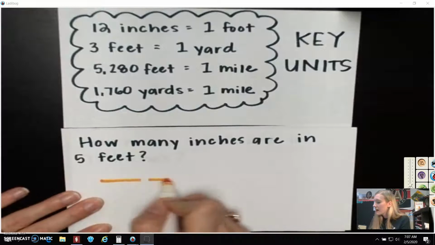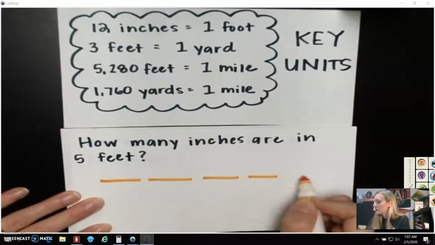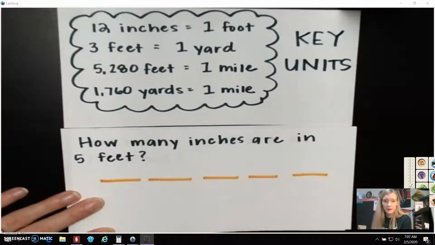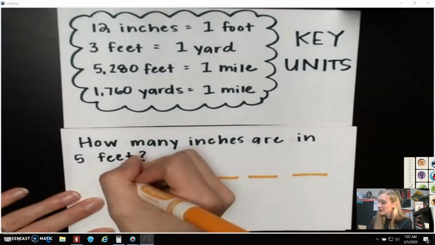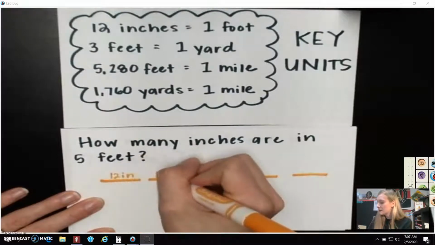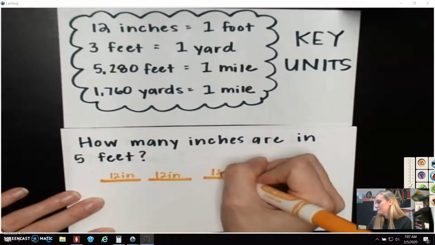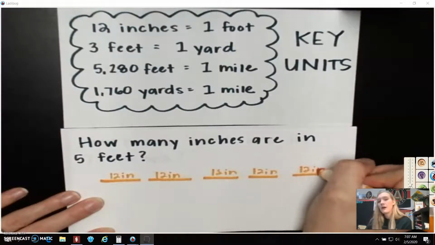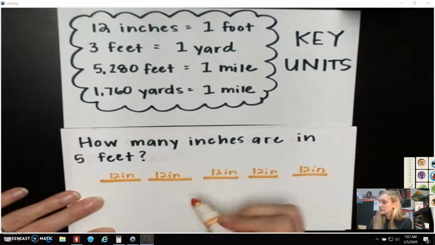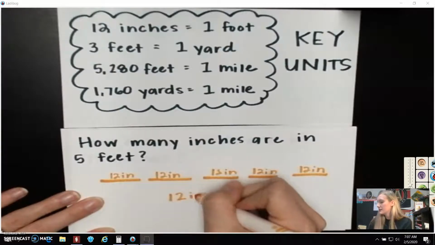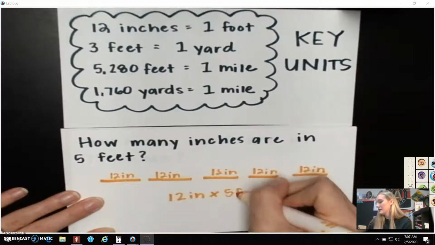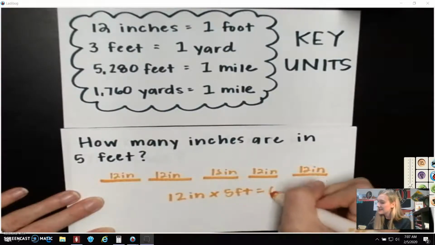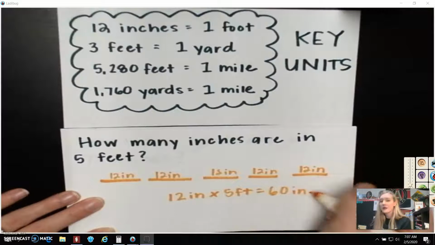So if I have 5 feet, 1, 2, 3, 4, 5, if I just draw a quick model to help me represent 5 feet, and I know that each one is 12 inches, then all I need to do is multiply 12 inches by 5 feet, and that's going to give me a total of, well, 12 times 5 is 60 inches.